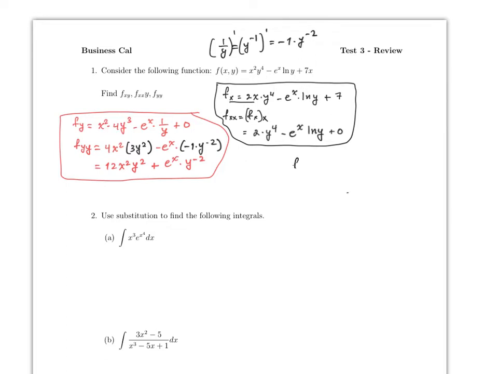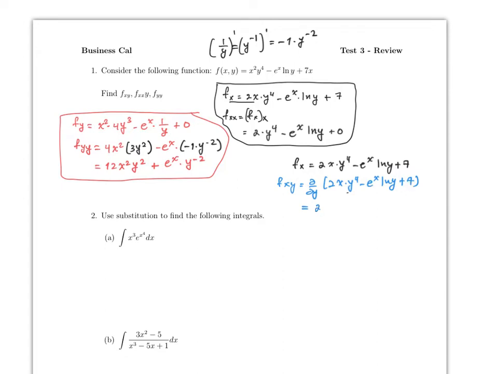So I'm going to use the f of x. So f of x, remember, is equal to this, 2x y to the 4 minus e to the x ln y plus 7. So f of xy is going to be the partial derivative of this, but with respect to y. Okay. All right, now notice that this is a constant, and this is a constant, obviously.